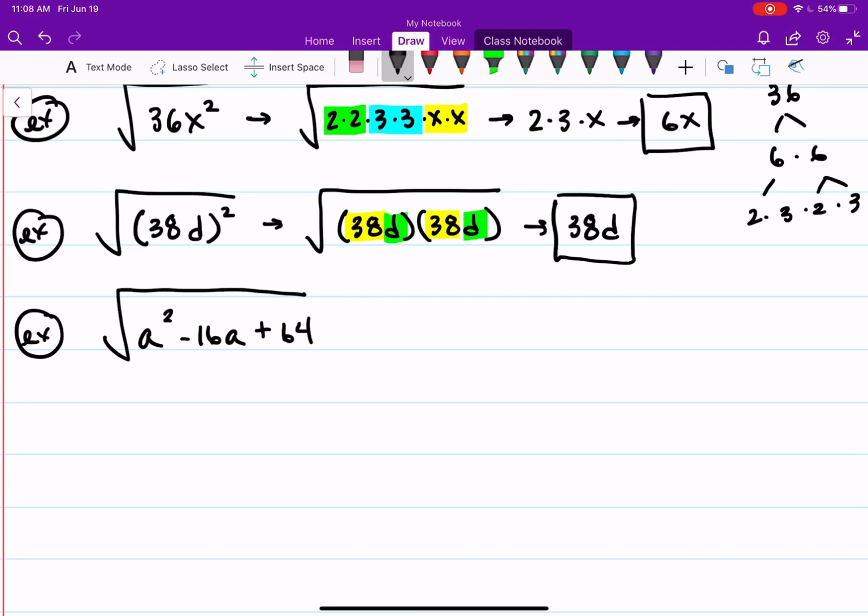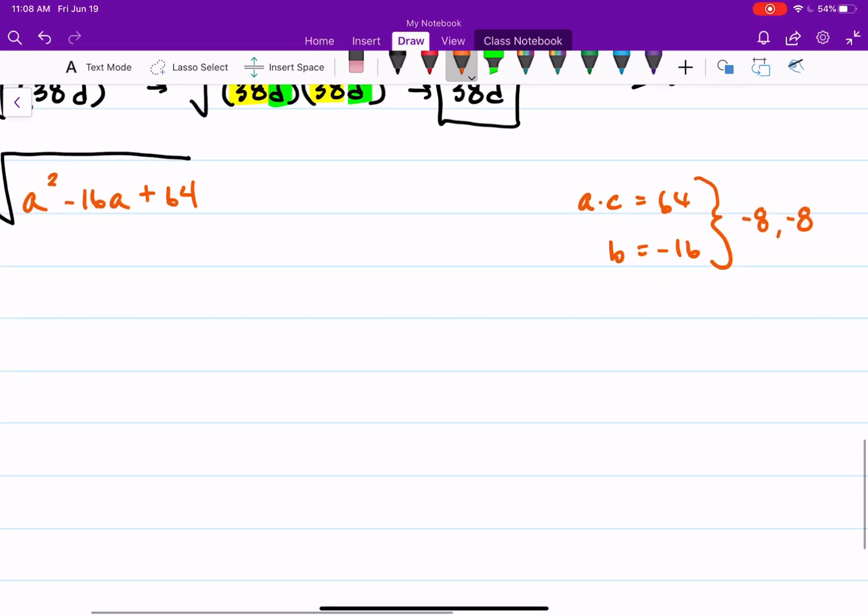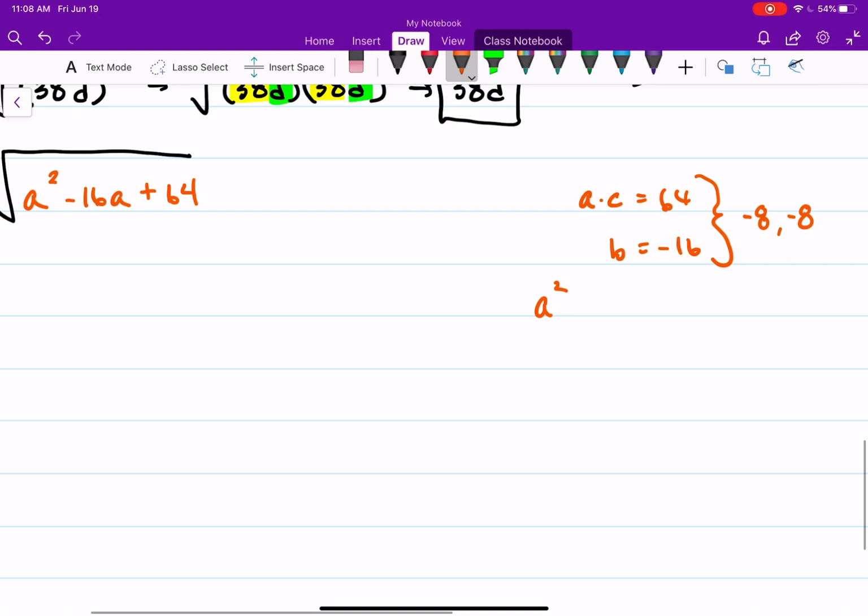I take this, change it to orange, and bring it over here and say, okay, I have A times C, which is equal to 64. B is equal to negative 16. So my two numbers must be negative 8 and negative 8, because negative 8 times negative 8 gives me positive 64. Negative 8 plus negative 8 gives me negative 16.